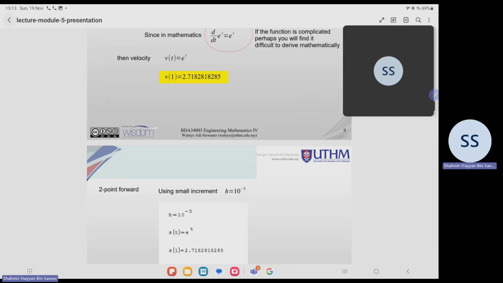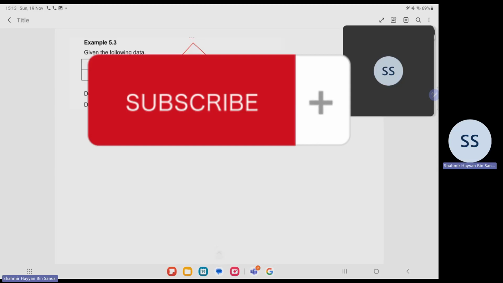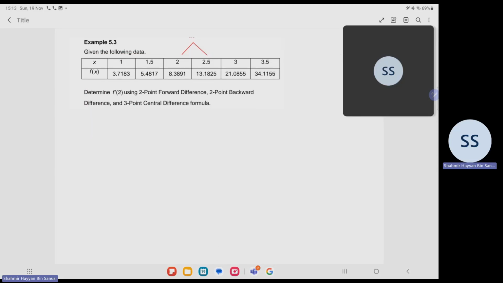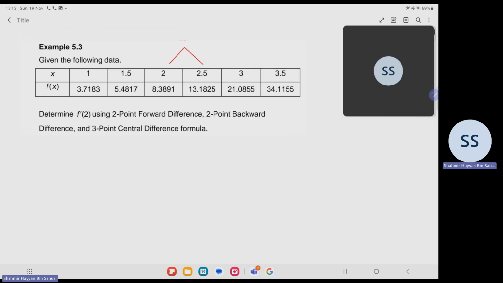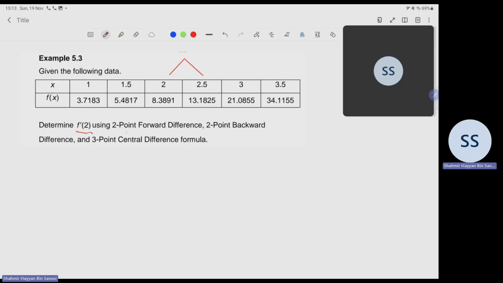Okay, let's do together one example here. Given the following data, determine f prime 2 using 2-point forward, 2-point backward, and 3-point central difference formula. If you got this kind of question, first look at the table and highlight where is your point of interest.